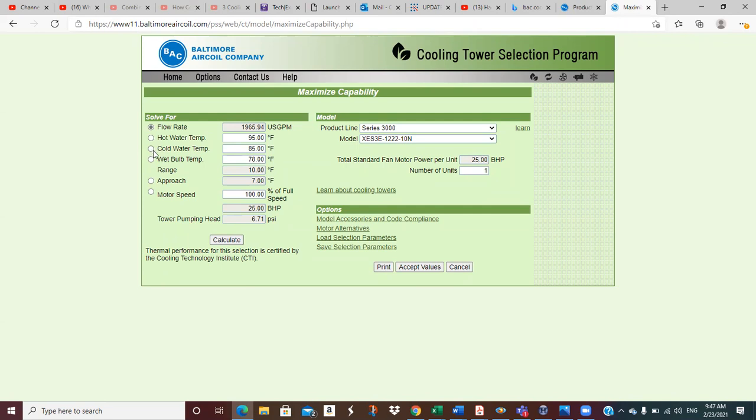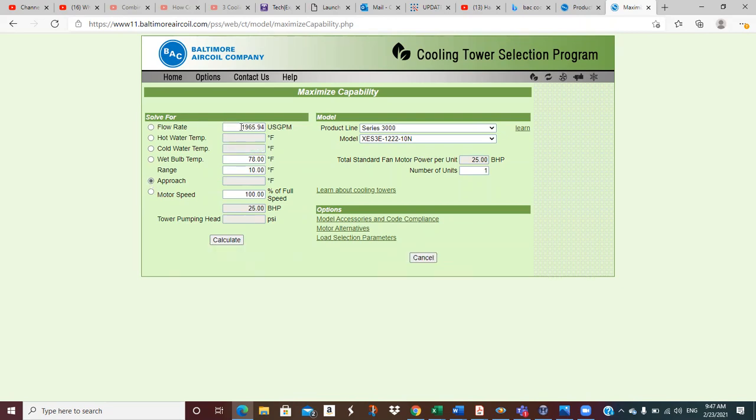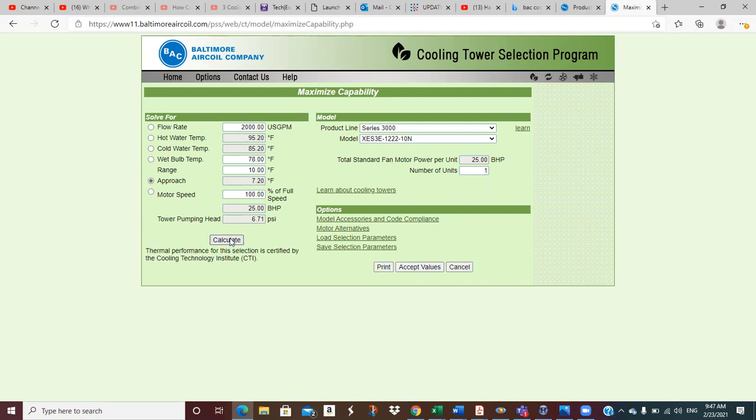So we could come in and calculate the approach based on 2000 GPM and calculate. And there we go. It took the white ones as inputs.